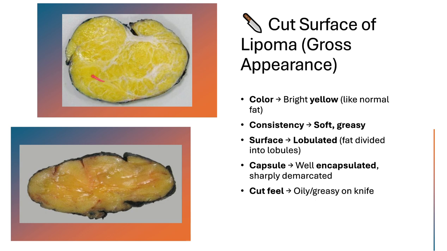The consistency, if you touch this, you will feel soft and greasy. And there is a capsule. It is well encapsulated. As this is a benign tumor, it should be encapsulated, and it is sharply demarcated. Those are the things that you see in a cut surface of a lipoma.